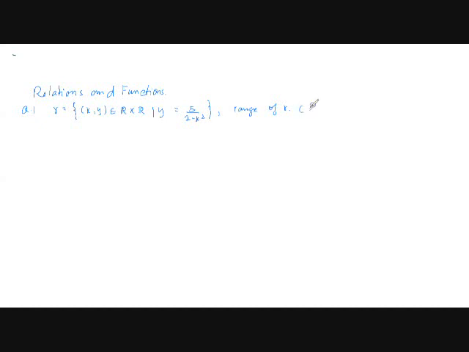I can say R or small r. When this point (x, y) belongs to R times R, real number times real number, that means x belongs to real number and y also belongs to real number. And this one represents the two dimensions. Okay, so now we start to solve the question.